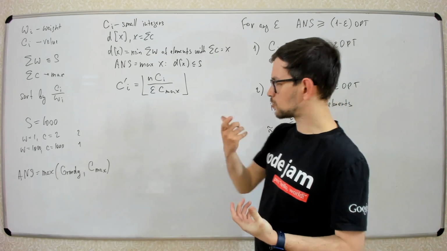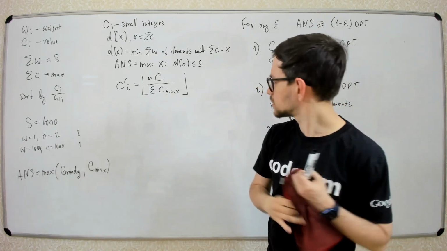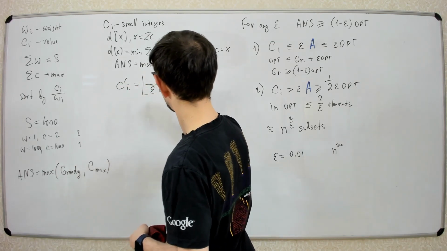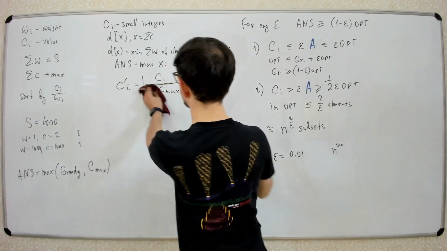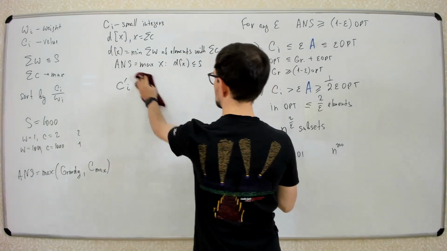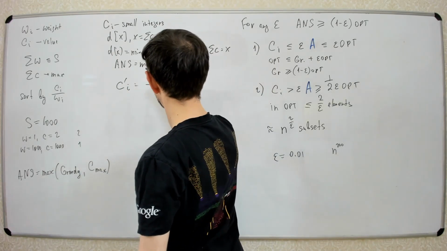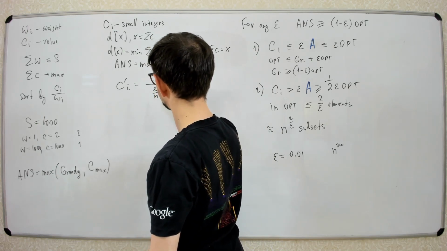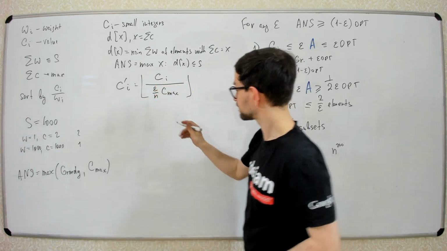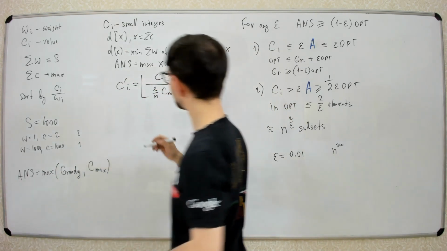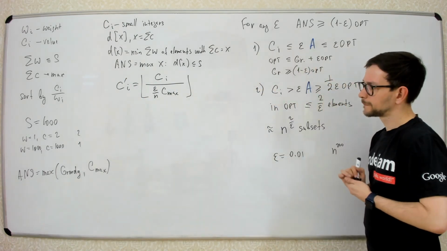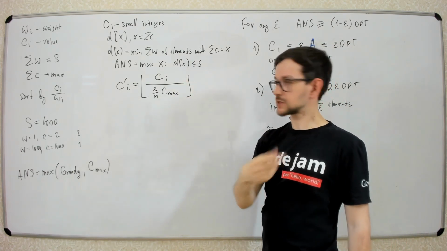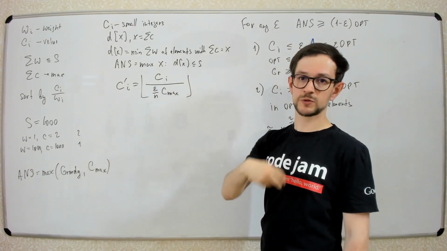I want to build small integers, so I divide by the value epsilon over n times c max. So this will give me small numbers, and rounding down will give me integer numbers. So the numbers will be small integers.